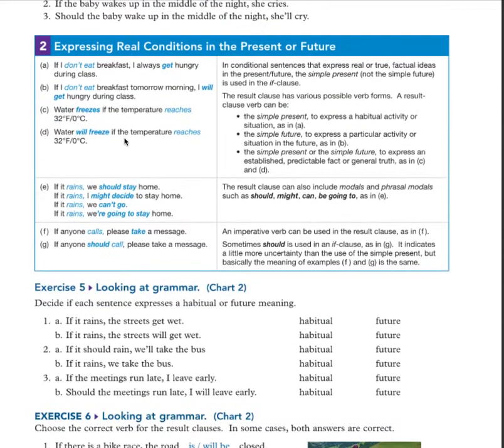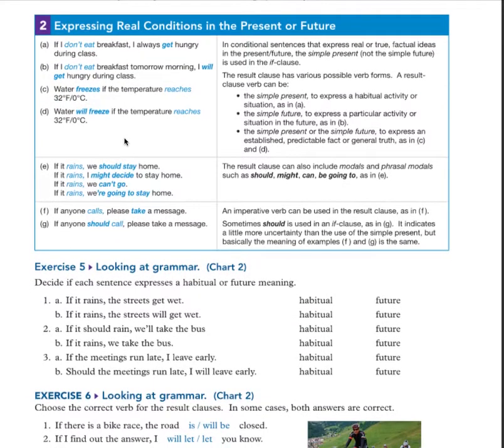So we look at chart 20-2, expressing real conditions in the present or future. Okay? So here, if you look at example A, if I don't eat breakfast, I always get hungry during class. B, if I don't eat breakfast tomorrow morning, I will get hungry during class.